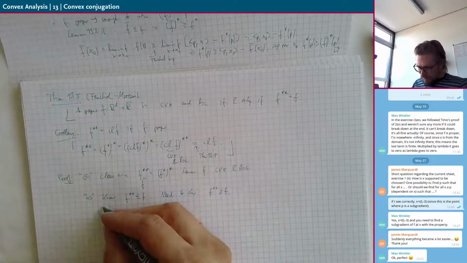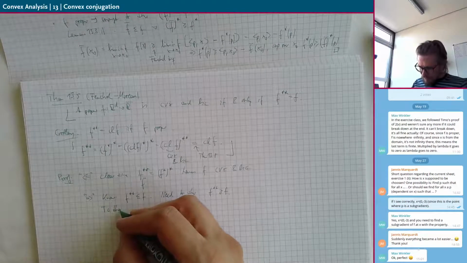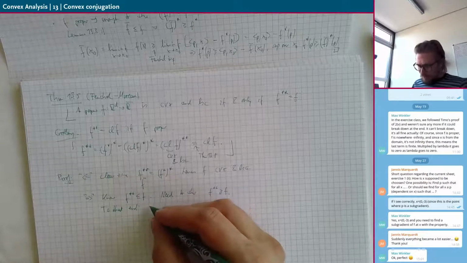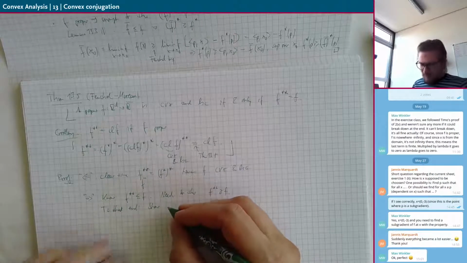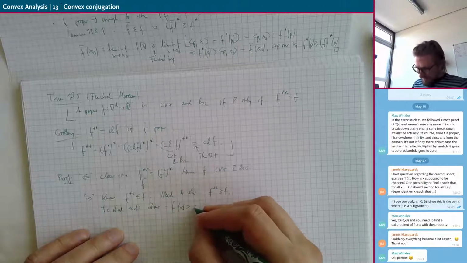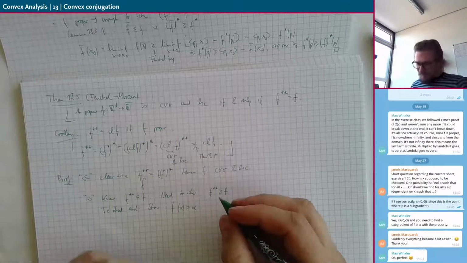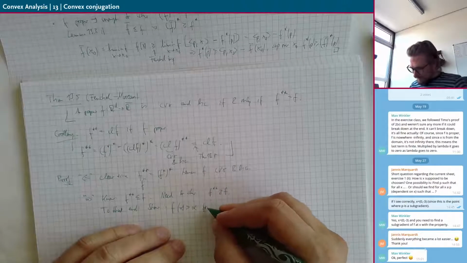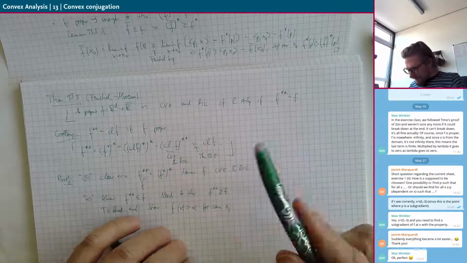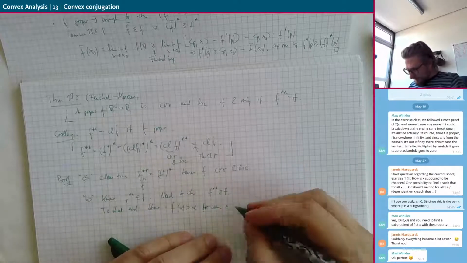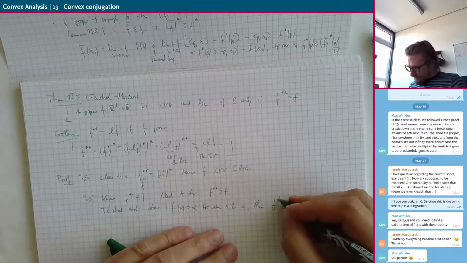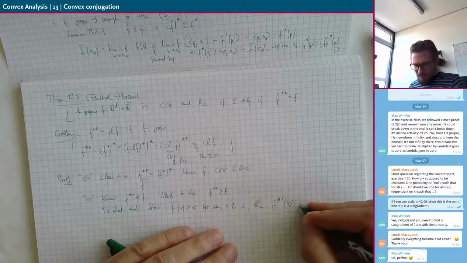Okay, and how to do that? We can prove that by proving the following claim. We show that if f of x is strictly larger than some alpha for some x and alpha, then we also have that the biconjugate of x is larger equal to alpha.